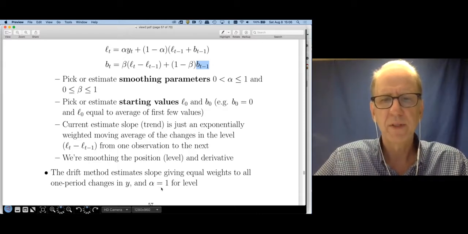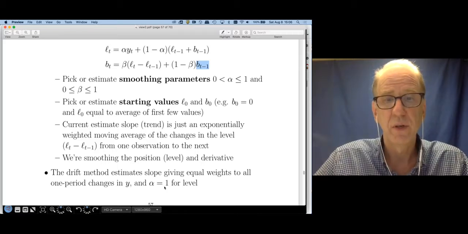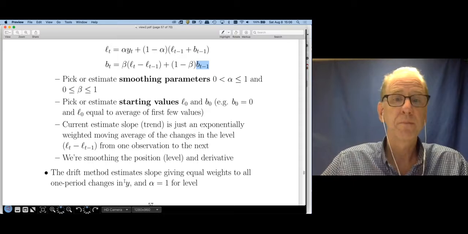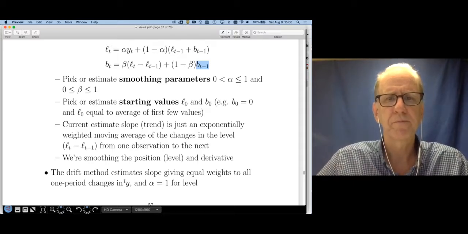And then what happens is I'm using the naive, most recent level to give me my L at t. So L at t is just y at t, and then drift is just averaging everything else. So I find it kind of helpful to connect this method to the methods that we've studied previously.